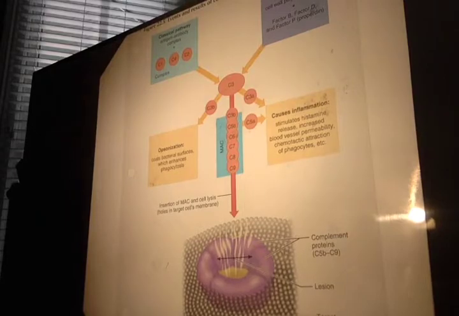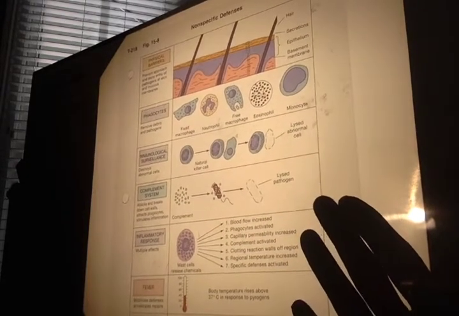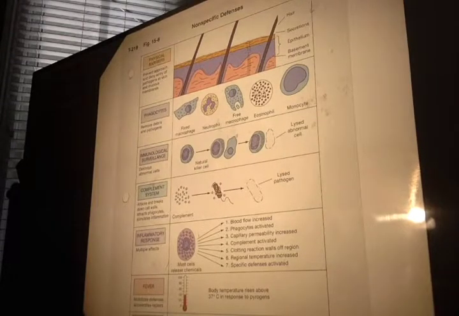Now, the other antimicrobial protein you might guess would exist if you've been paying attention. Are all invaders bacteria? No. Phagocytes take care of what? Bacteria and sometimes parasites.